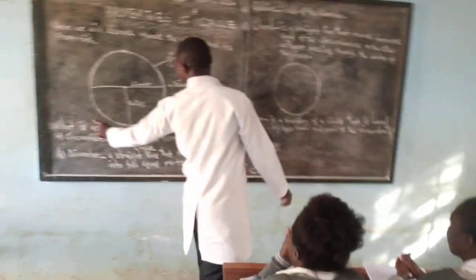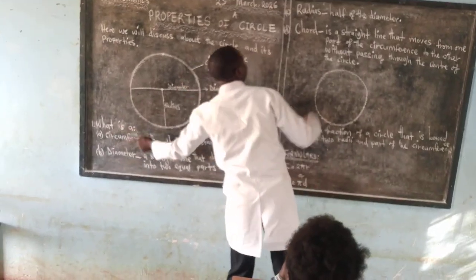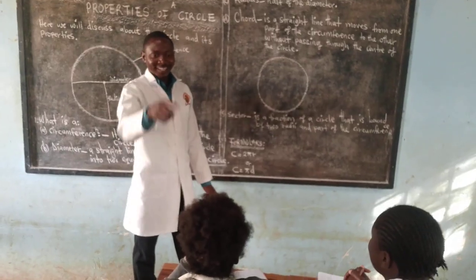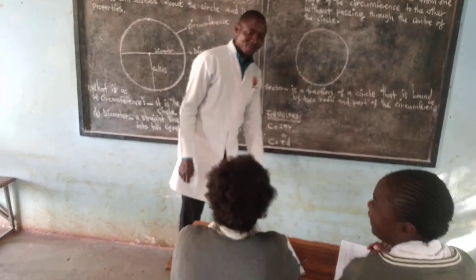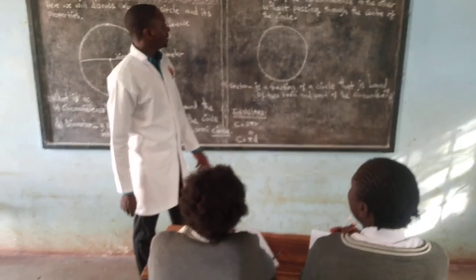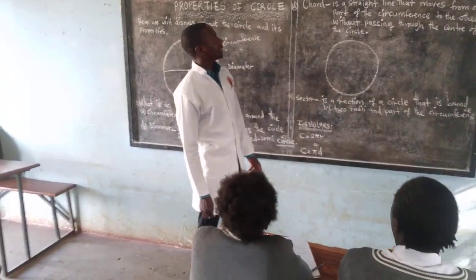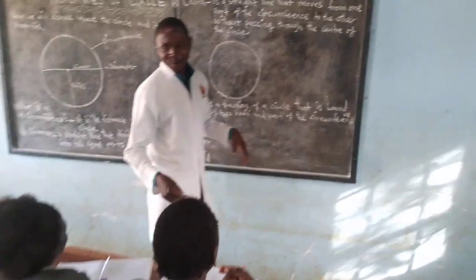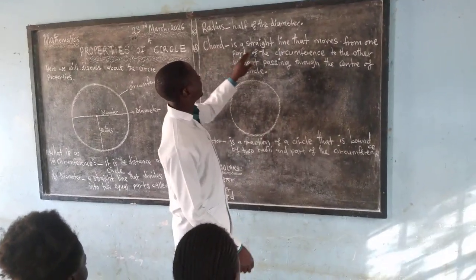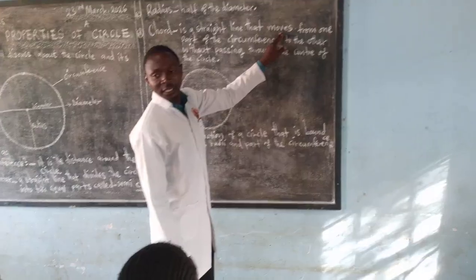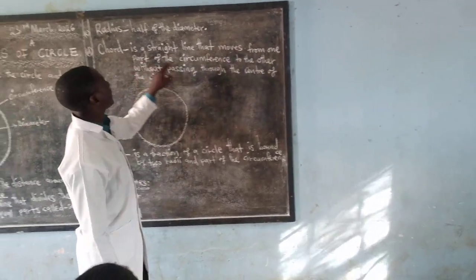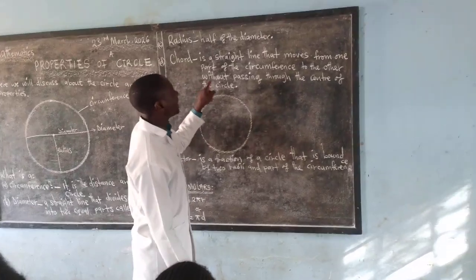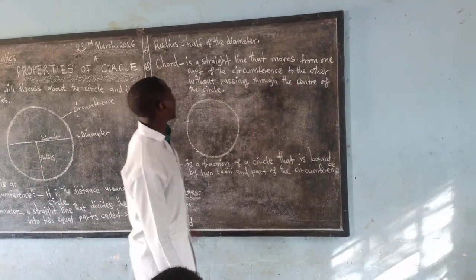Chord. What is a chord? Church is a straight line that moves from one part of the circumference to the other part of the circumference without passing through the center of the circle.